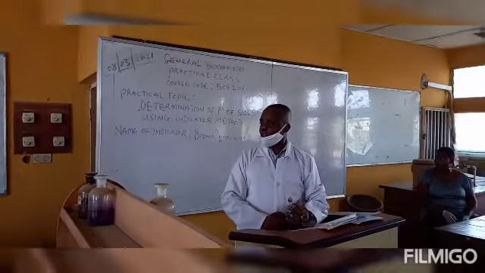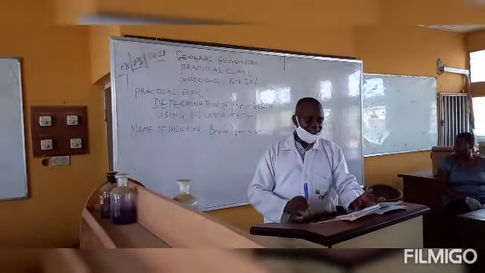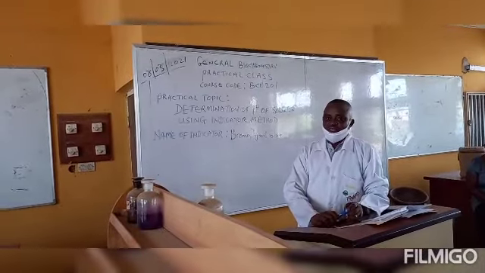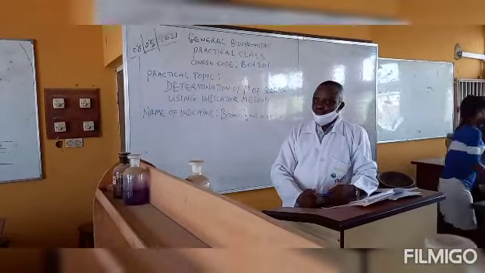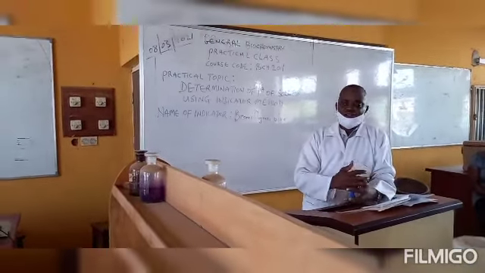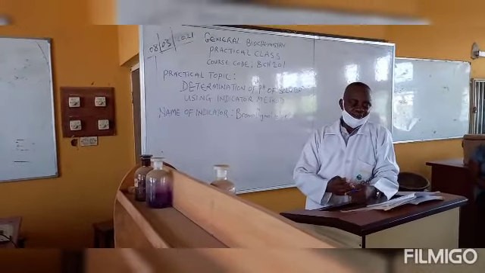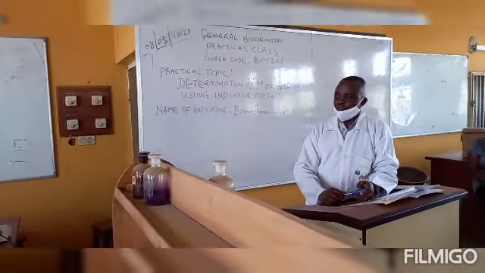Like I said, you select 11 clean test tubes. Nobody is going to clean the test tubes for you, but the test tubes will be provided. The onus is on you to clean the test tubes properly before you continue with your procedure.